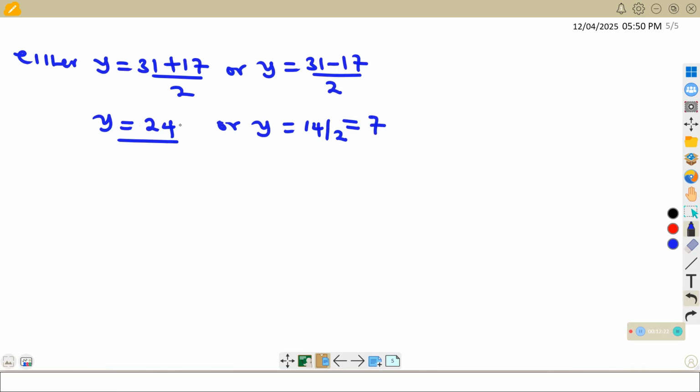So meaning either y is equal to that or y is equal to that. We need to go on and get the value of x. So from x equaling 168 divided by y, we have it here.